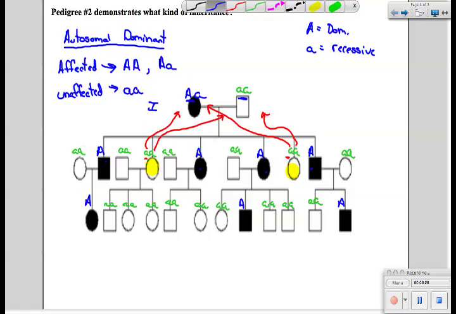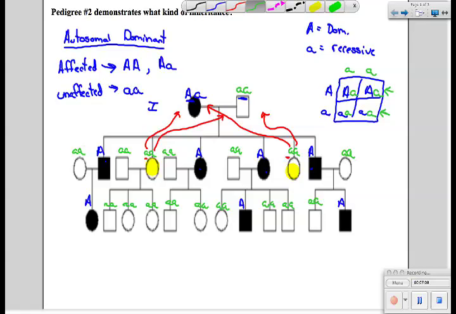Let's test it in a Punnett square just to see how it works. One parent down the side, the other parent across the top. And if I fill this out, I see that I have two possible genotypes, big A, little a, which would be affected, and little a, little a, which would be unaffected, which is clearly what I see here in my offspring.